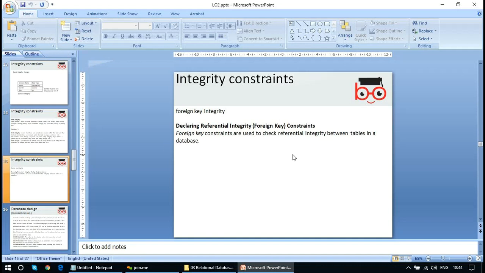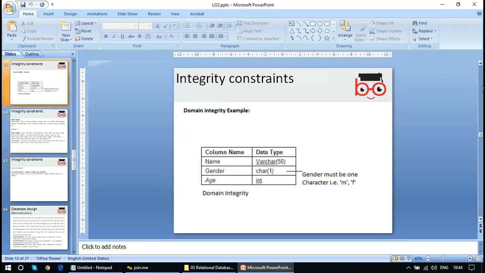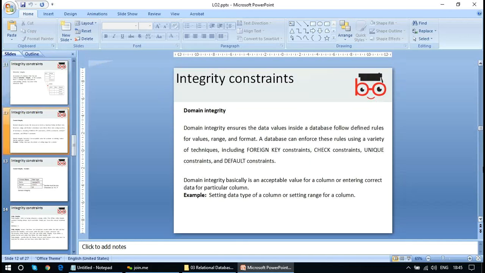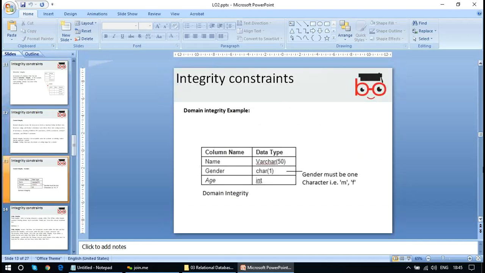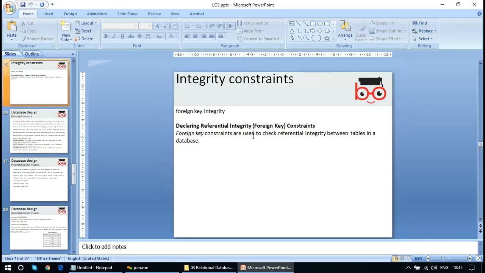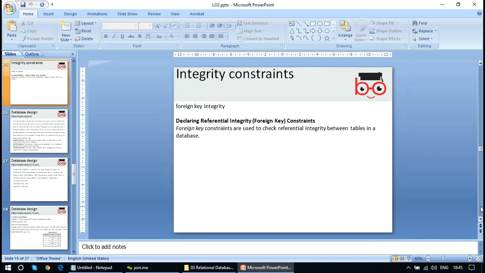You remember we gave an example that this condition should be followed. This is also known as foreign key integrity, right?